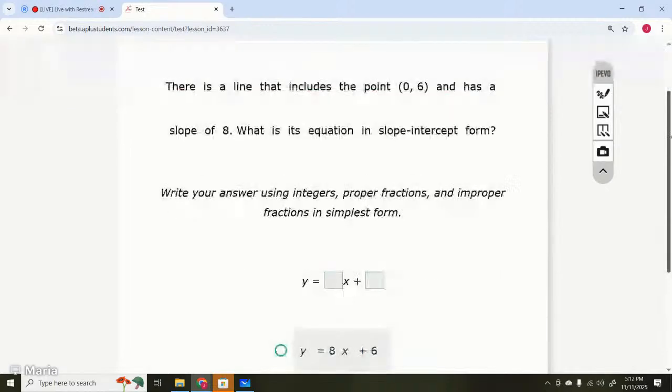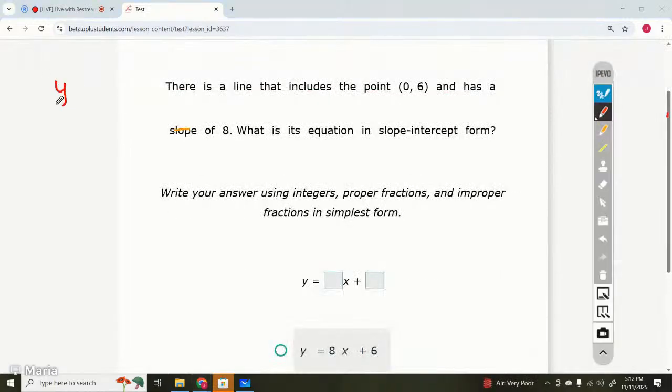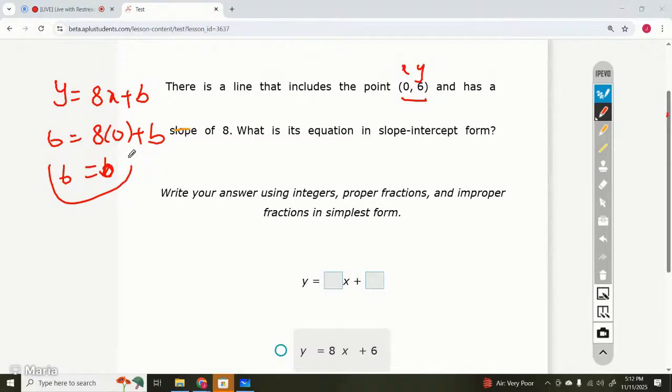There is a line that includes the point 0, 6 and has a slope of 8. So now use the slope and calculate b, right? The b is the y-intercept. Y equals 8x plus b. Use this point: this is x, this is y. Replace the variables with the values. Y is 6, x is 8 times 0. 8 times 0 is 0, so we have b equals 6, right?